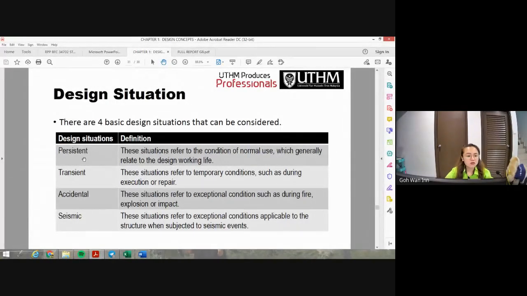So for our buildings, we use persistent, meaning it is permanently used and general. Transient refers to temporary conditions, like during execution or repairs. Accidental refers to exceptional conditions such as fires, explosions, or impact. Seismic, you know, is due to earthquakes, the seismic events.